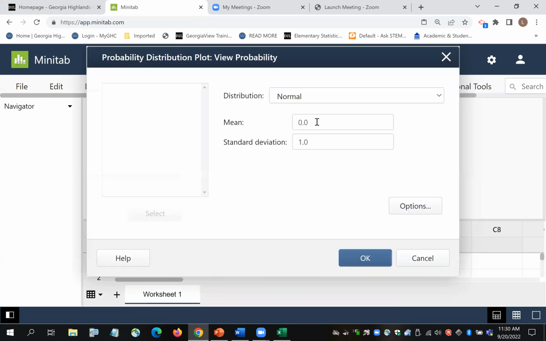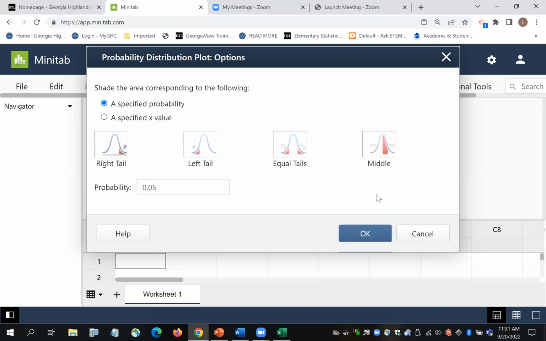It is normal. My mean is 3.5. My standard deviation is 0.125 after the adjustment because of the central limit theorem. Options, we're doing a between based on a specified X value.